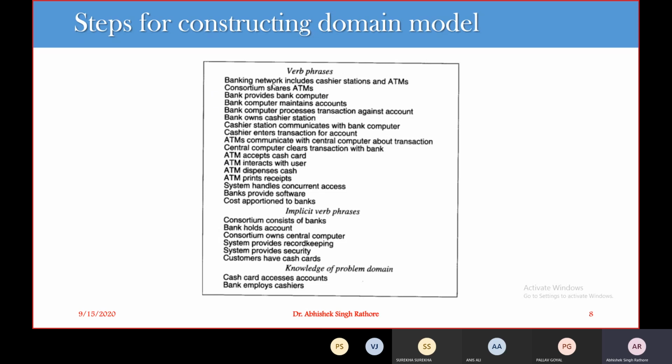Let's say this is a banking network that includes some station and ATM. There might be a reference like the consortium shares ATMs. Again, one class refers to another class.